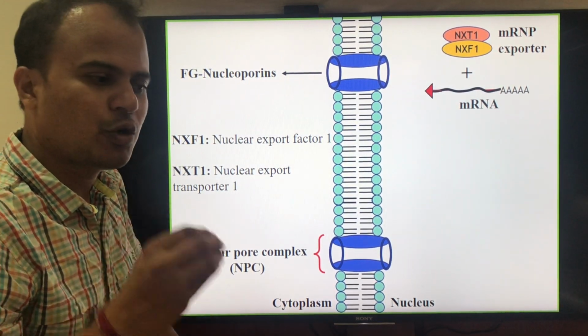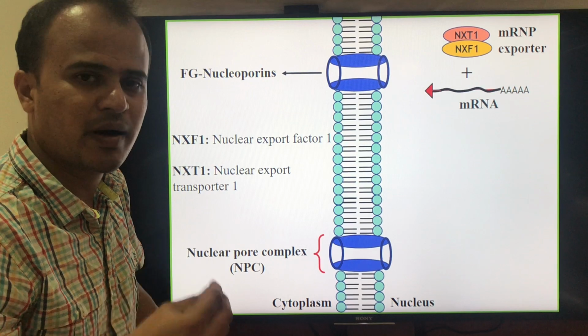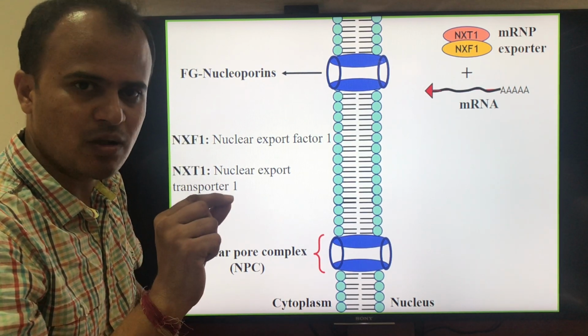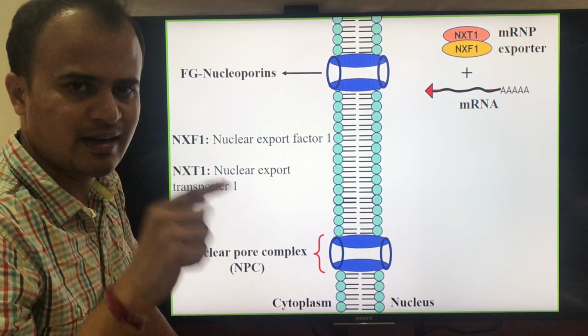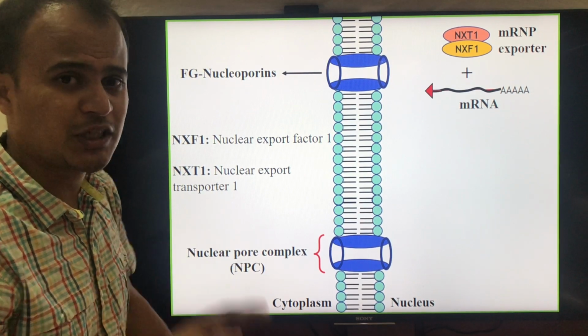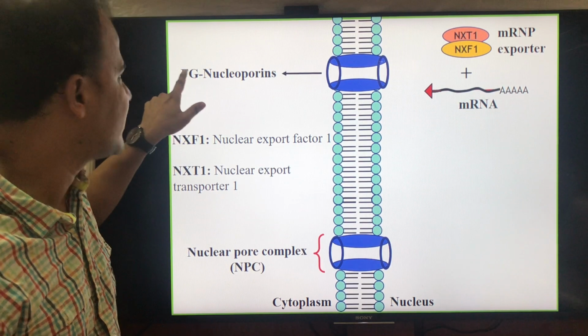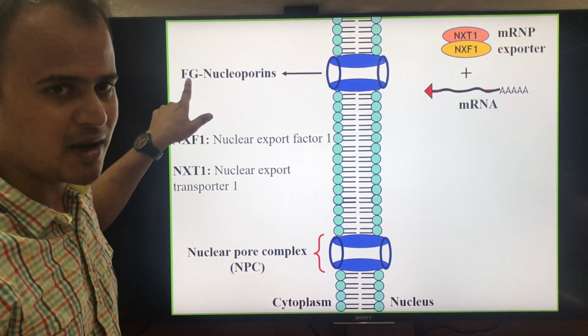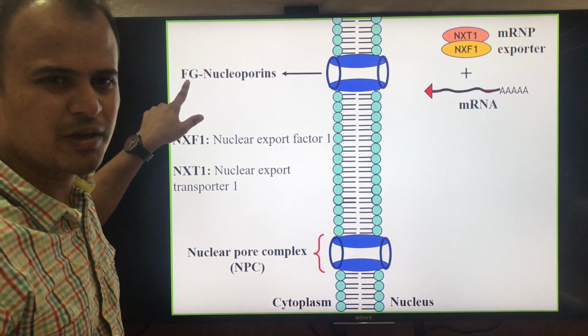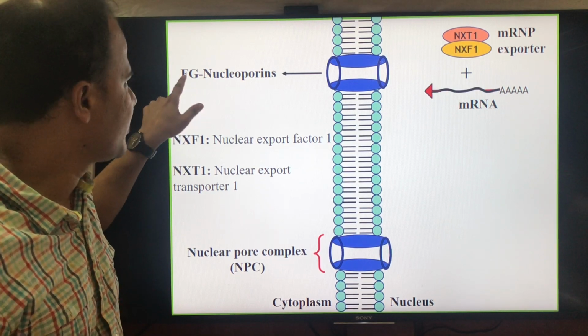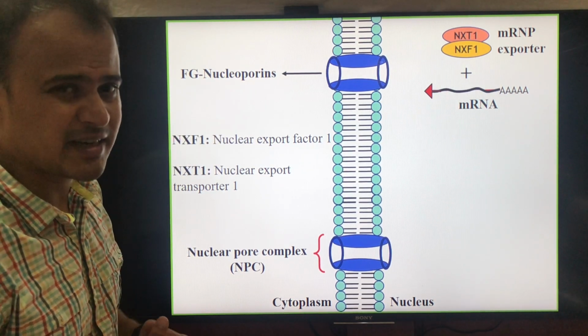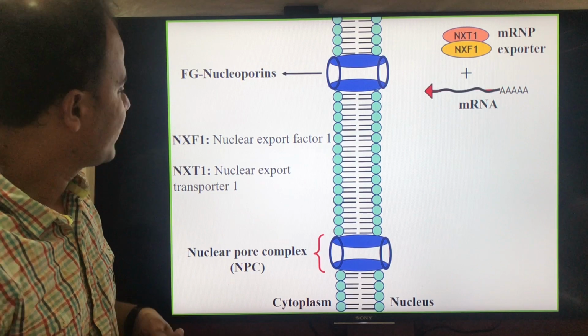The nucleoporins that have abundant repeats of phenylalanine and glycine are called FG nucleoporins. F means phenylalanine, G stands for glycine. So these nucleoporins assist the transportation of the mRNA.